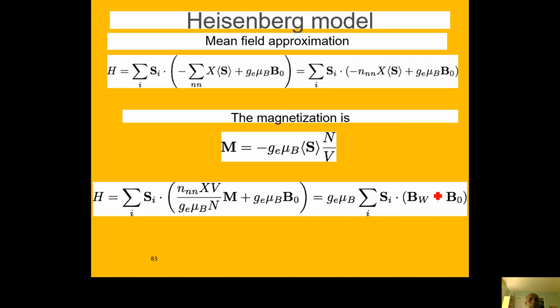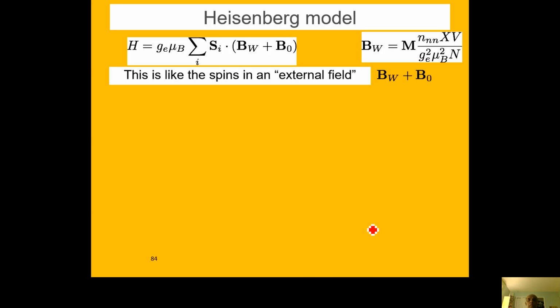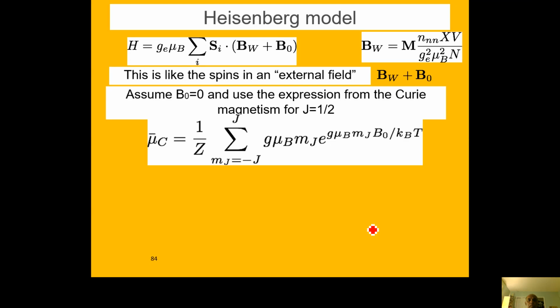That's the Weiss field. So now you can see how you get to this local magnetic field, the Weiss field. That means BW is this whole thing here, so BW is expressed as this B_E times M times this whole value.